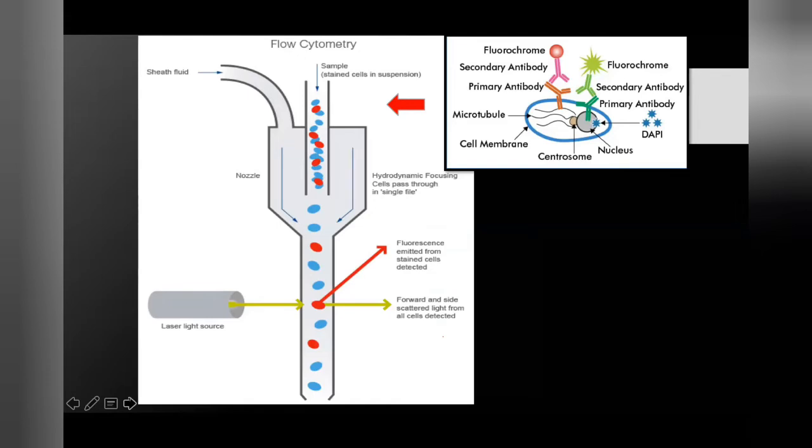Apart from that, what we also do by flow cytometry is immunophenotyping, right? And how is it done? These cells are pre-treated with antibodies which are labeled with certain fluorochromes. Every cell has a certain antigenic signature, so depending on what antigen it expresses, you can identify the type of the cell.